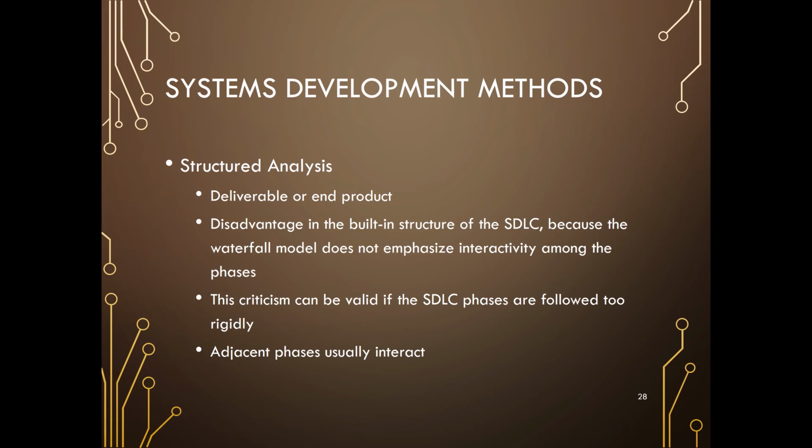When you analyze, the output from analysis will be used for designing, and when designing has some problem, we go back to the analysis. So these two adjacent phases interact. But if we move on to the implementation phase, it might not be related to analysis anymore. Okay, we will talk about it in detail next.